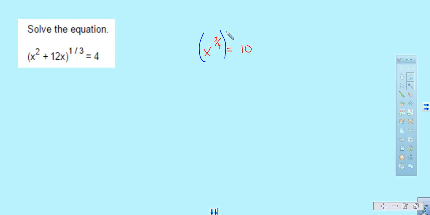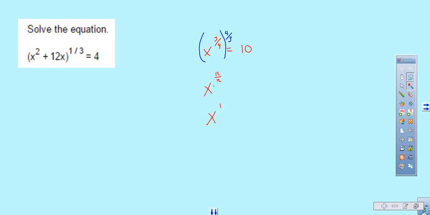In this case, if I multiplied the exponent by 4/3, my property says that if I have a power raised to a power, I take those two powers and multiply them together. So this would become x to the 12/12, which is actually equal to x to the first power.